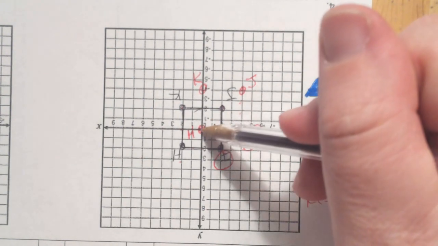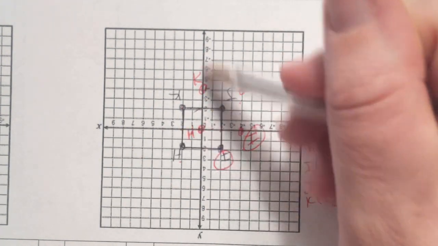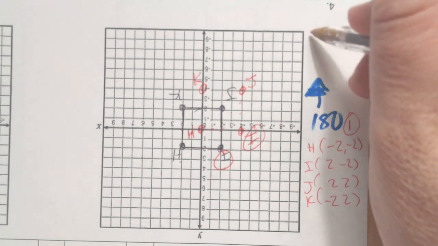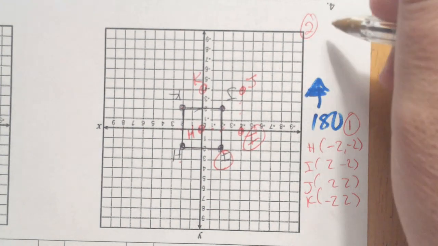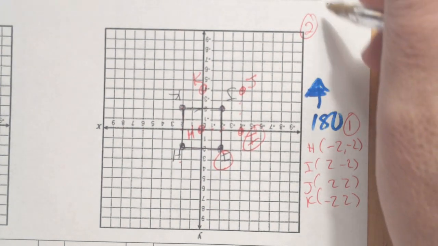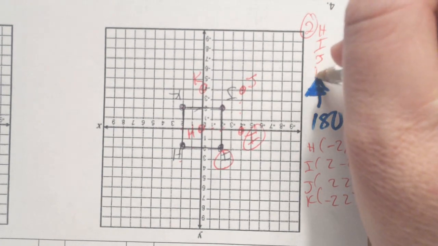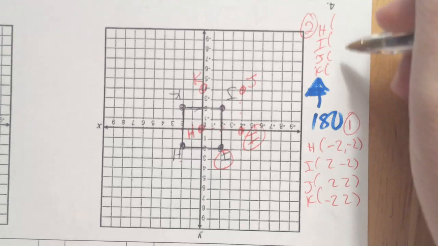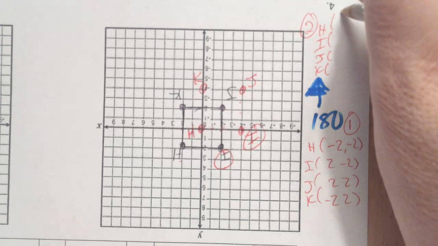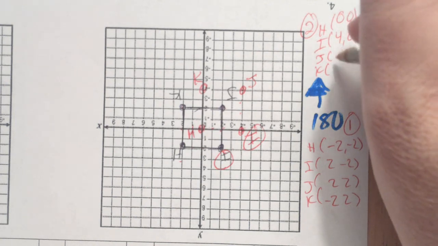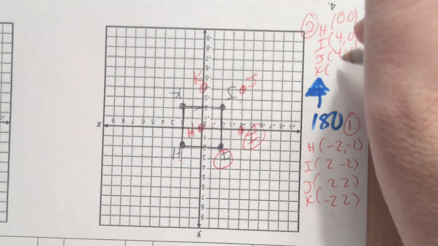And your K is on the y-axis, so that's 0, 4. My second action, if you prefer, you could just write the coordinates the way you're looking at it. HIJK. So after our second action, we had 0, 0, 4, 0, 4, 4, and 0, 4.